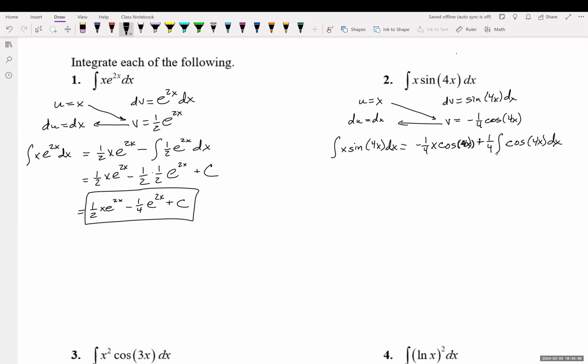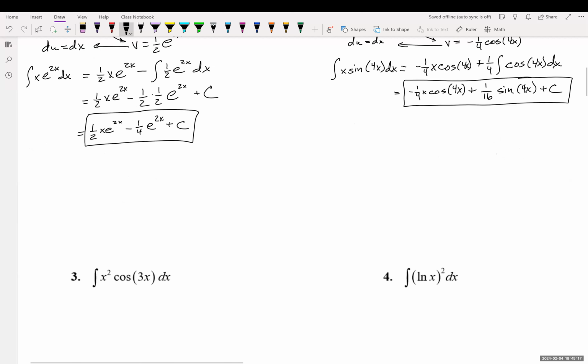So now we integrate cosine 4x. And we end up with this. Again, number 2 would have been really good to do using the tabular method, but we'll move on for now.